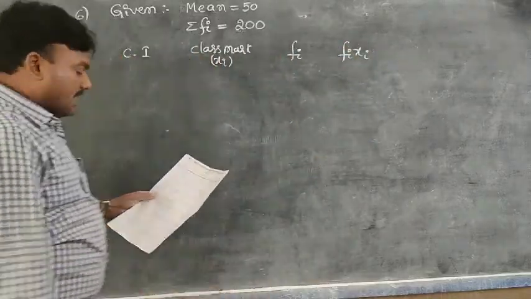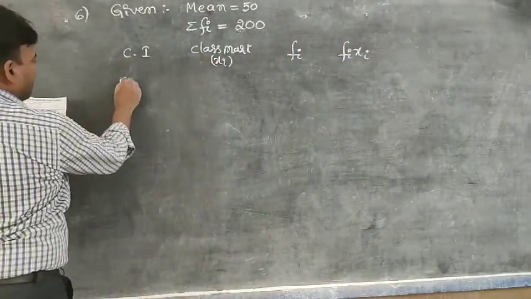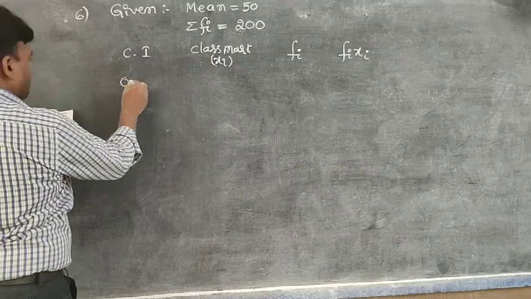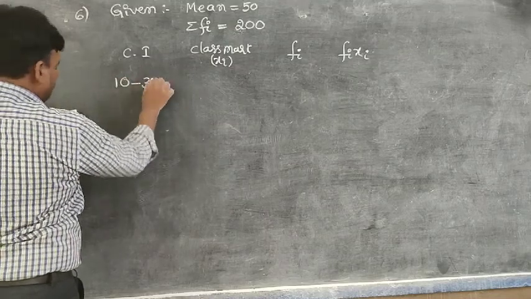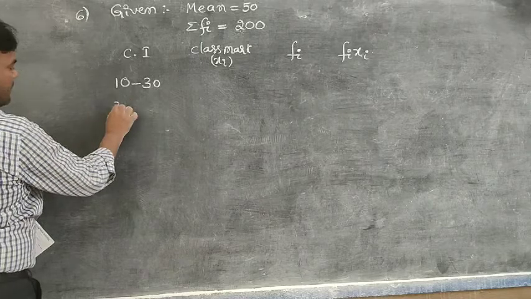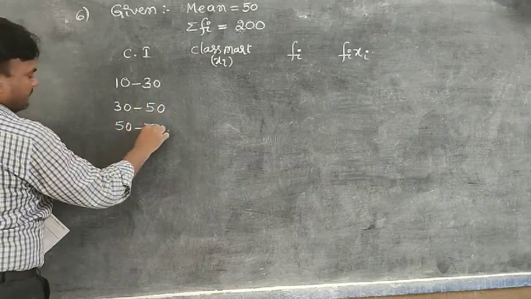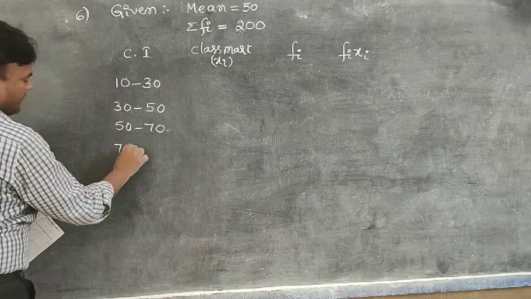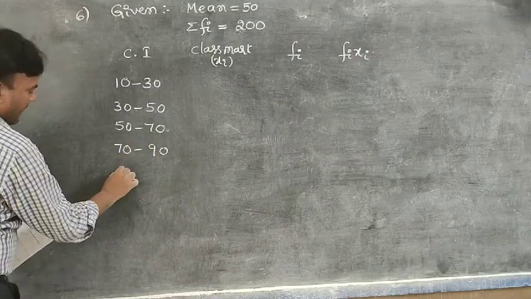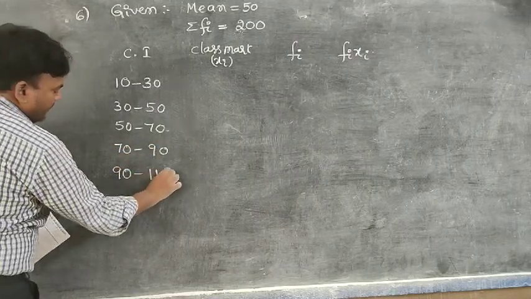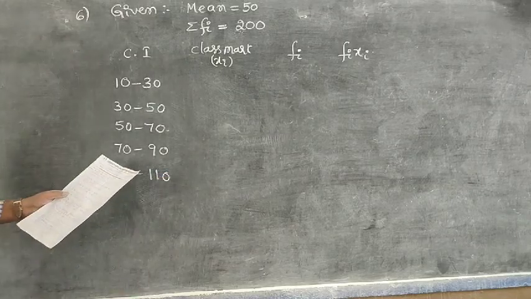Fi xi. Observe the class intervals: 10 to 30, 30 to 50, 50 to 70, 70 to 90, and 90 to 110. These are the class intervals.